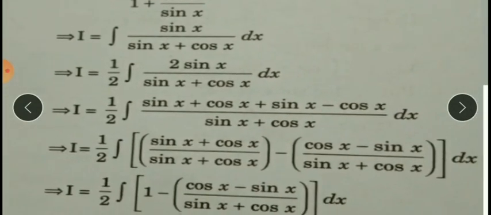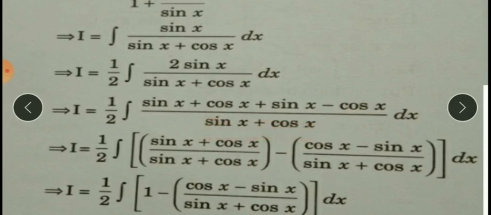I is equal to 1 upon 2 integration, where 2 sin x can be written as sin x plus sin x. See here, this is sin x. Again, this is plus sin x, which is 2 sin x. Now adding cos x and subtracting cos x. See this side, we have written here plus cos x and minus cos x also. And the denominator is as it is, sin x plus cos x.